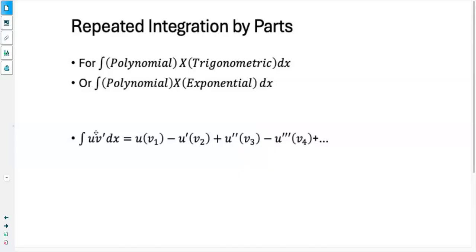So one thing you'll notice is in the first part, this remains unchanged. While to go from here to here, we are taking the integral. And then going from here to here, we'll take a derivative.